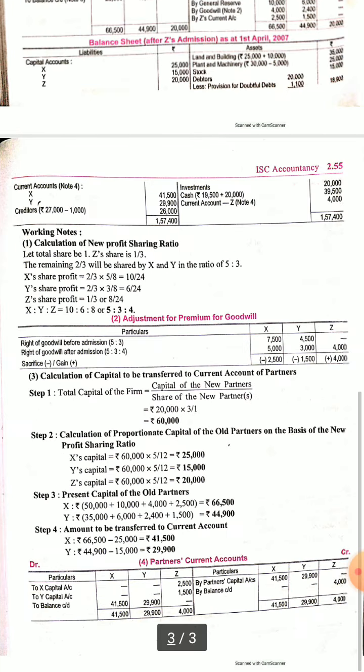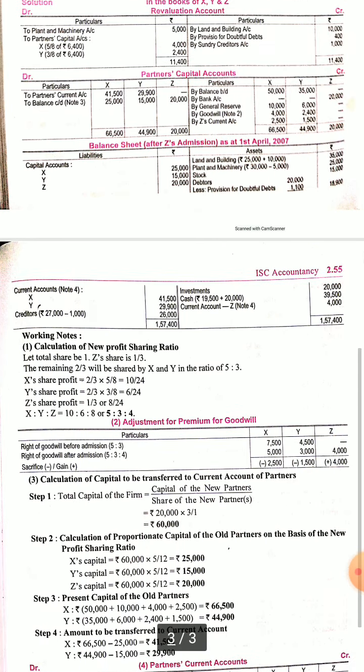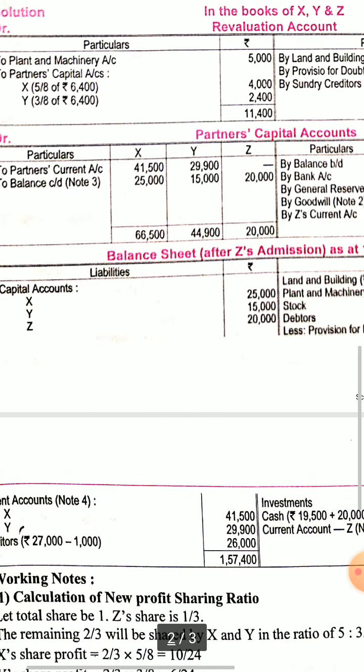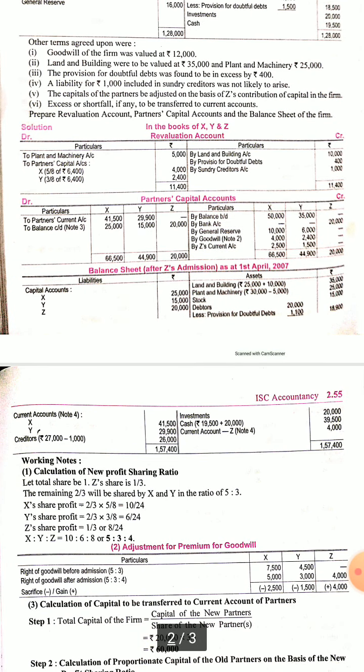Now the partners' current account will be transferred to partners. So let's see first the partners' capital account. By balance b/d, the old capital was there. By bank, new capital introduced by Z, 20,000. By general reserve distributed among partners, and goodwill for sacrifice you have already got 4,000 and 2,400 figure, and Z's current account 2,500 and 1,500.